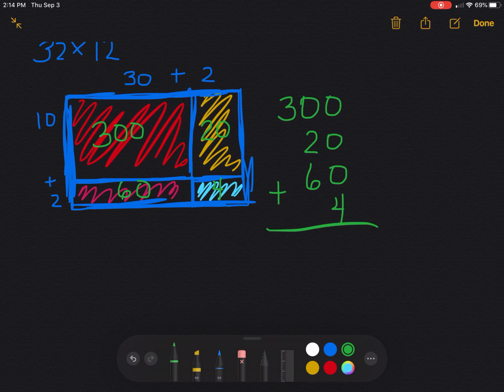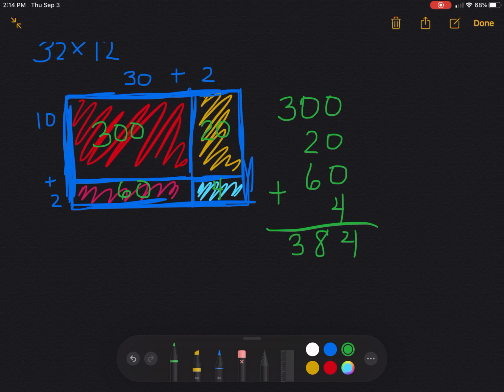Add them all up. 0 plus 0 plus 0 plus 4 units, or 4 ones, is going to give me 4 ones. If I have 2 tens and 6 tens and I add them together, I'm going to get 8 tens. And then if I have 3 hundreds and no other hundreds, I get 384. So that means there are 384 units that it would take to create this area model.